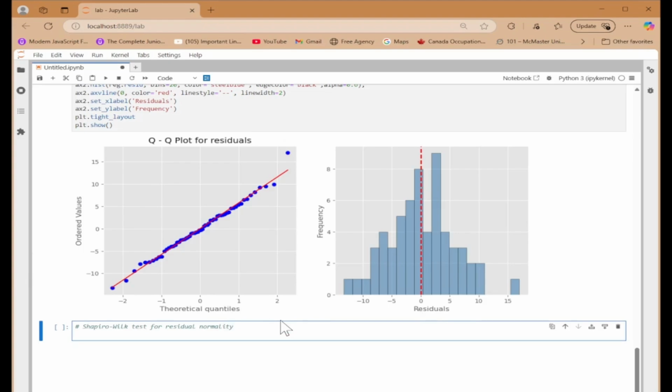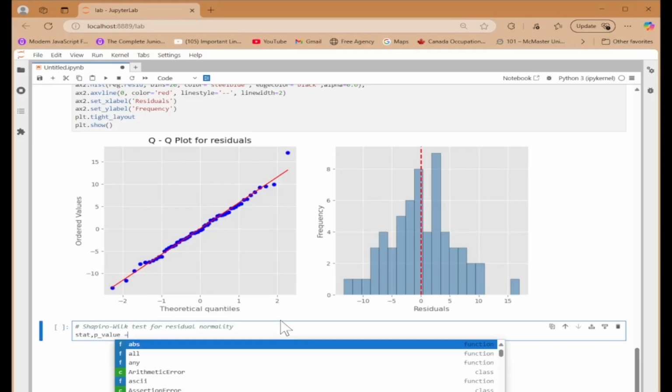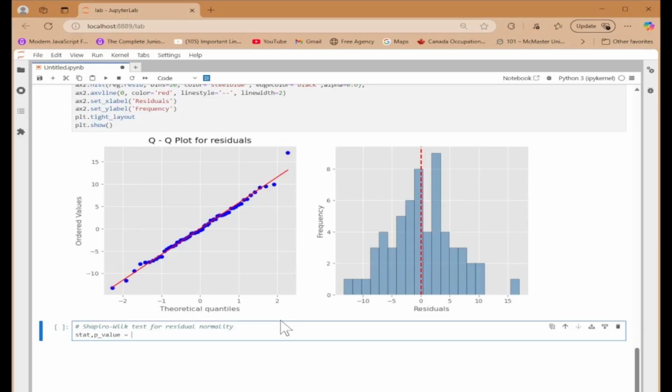Quantitatively, it gives you the numbers. Okay, so stat, comma, p-value equals stats.shapiro.